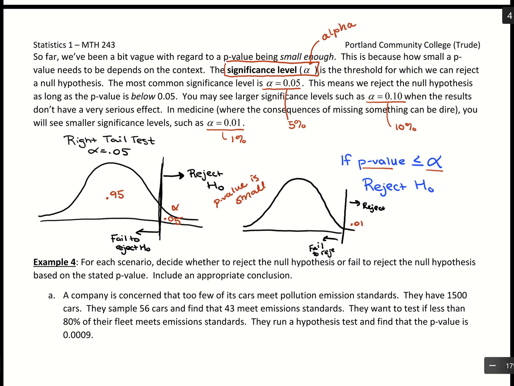Now, this can be kind of confusing because we would call this 1% significance, which makes it sound like it's low significance. However, if we had this scenario and we ended up rejecting the null hypothesis, that's actually more significant. This would have very high significance if we rejected at that level.